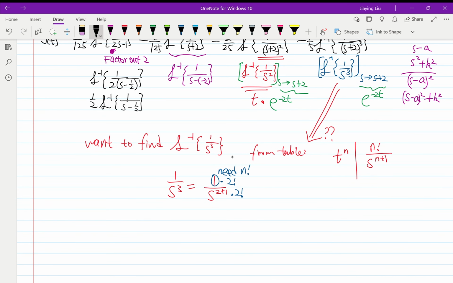So now I have 2 factorial over s to the 2 plus 1 times 1 over 2 factorial, which is 1/2. That's what this fraction is equivalent to. And I can apply the inverse Laplace transformation. So I get the inverse Laplace transformation of 1 over s cubed, which is the inverse Laplace transformation of 2 factorial over s to the 2 plus 1, but with a half there, so I'm going to bring the half in front.